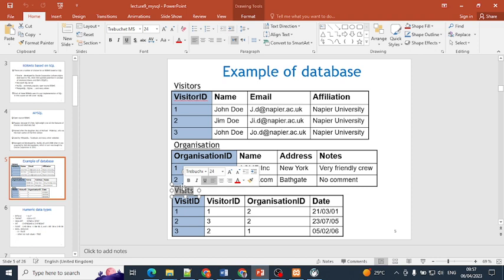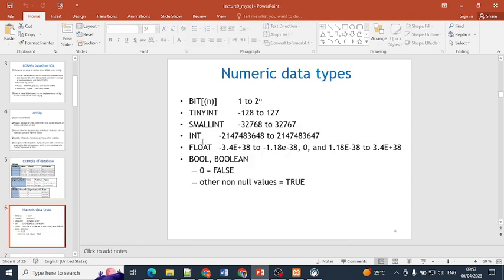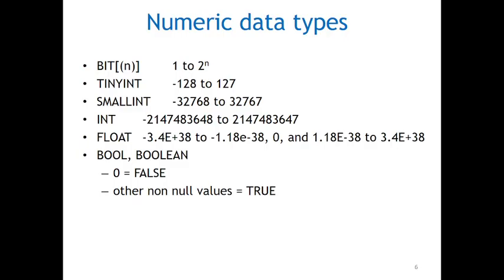First you have to create a database, and you must know the different data types in MySQL. See here, these are the data types. If you want to store small data, you can use bit or tiny int, which has a range of values from this number to this number.